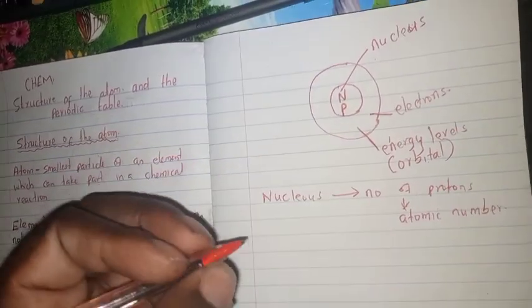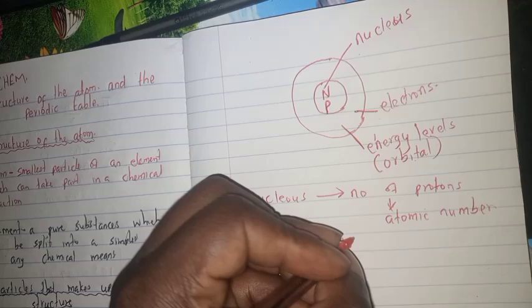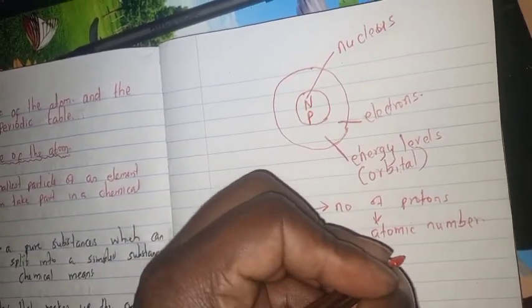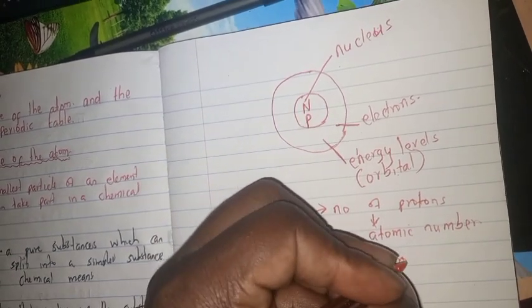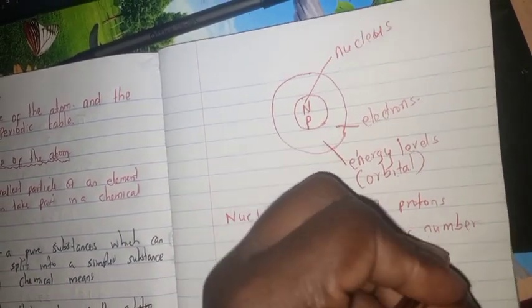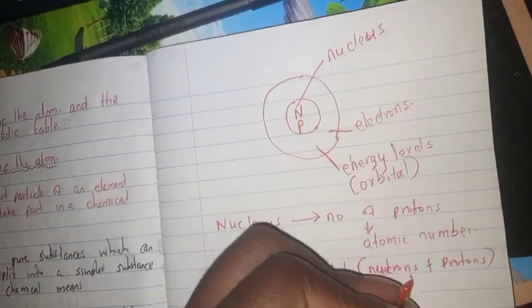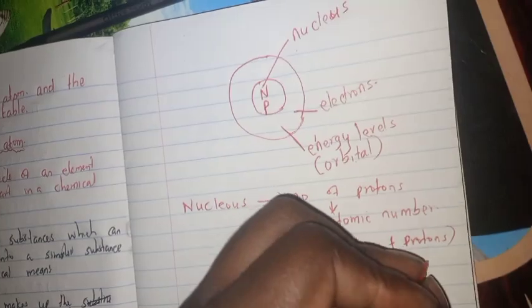And then if we take the total of the neutrons and protons, we call it the mass number.